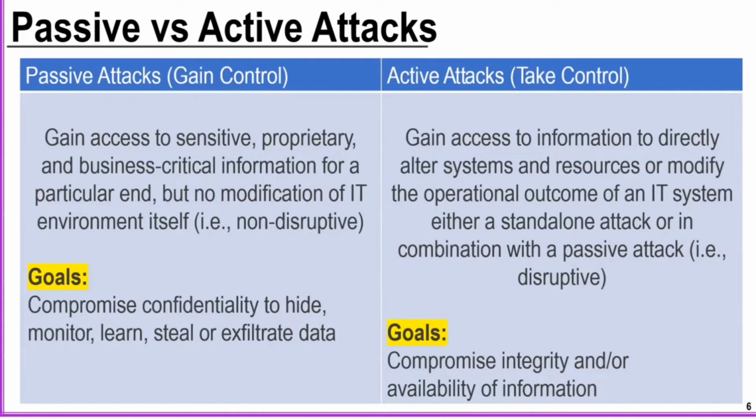So I repeat, the active cyber attacks allow attackers to gain access to information to directly alter systems and resources or modify the operational outcome of the targeted IT system. An active cyber attack could be a standalone attack, or it could be in combination with a passive attack. The main goal of the active attack is to compromise integrity and availability of the information.